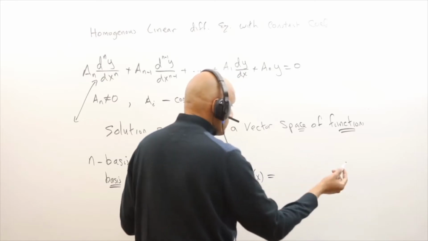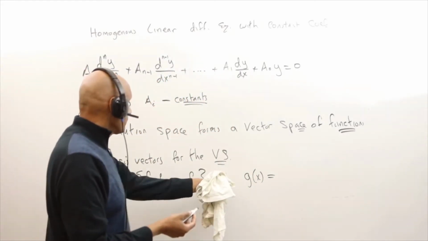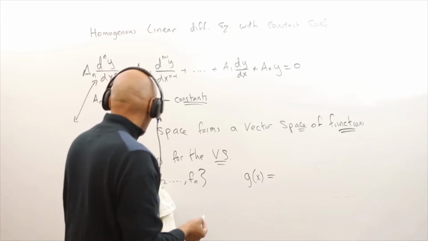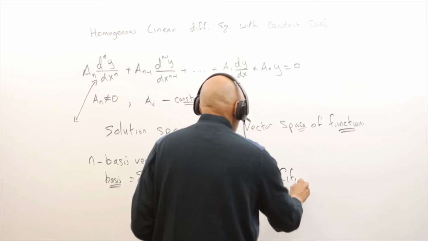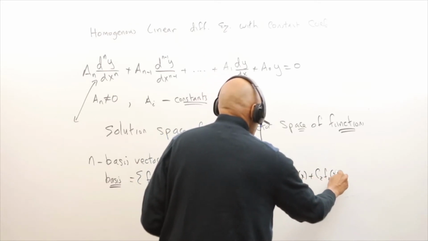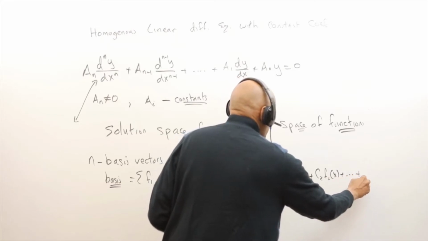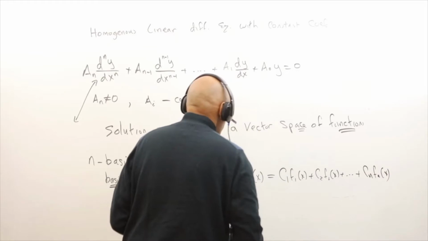In linear algebra, this is called the span. It's an element of the span of the basis vectors f1 through fn. So this would be c1 f1 of x plus c2 f2 of x plus dot dot dot, all the way up to cn fn of x.